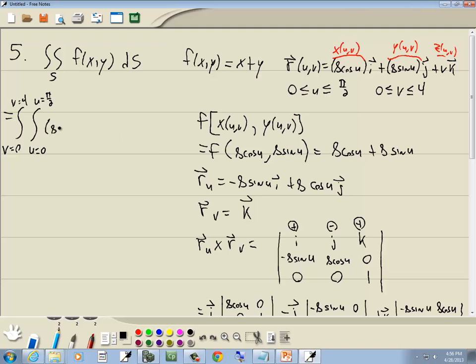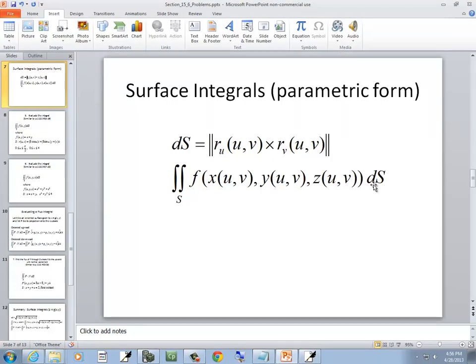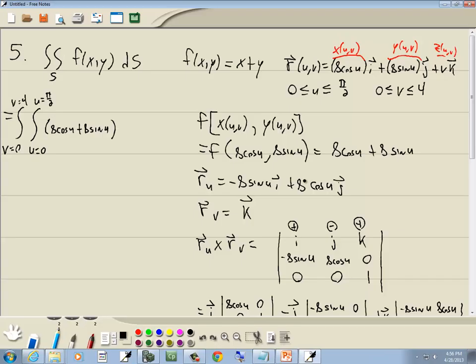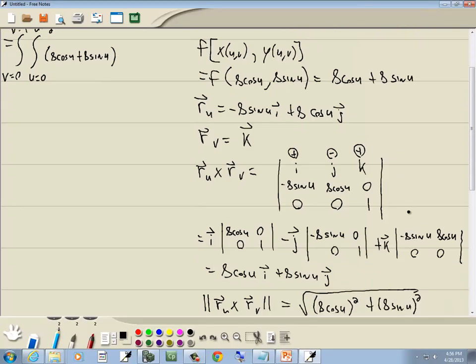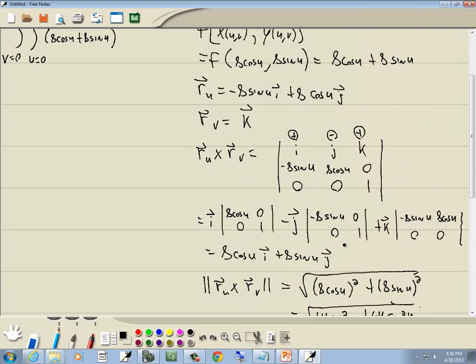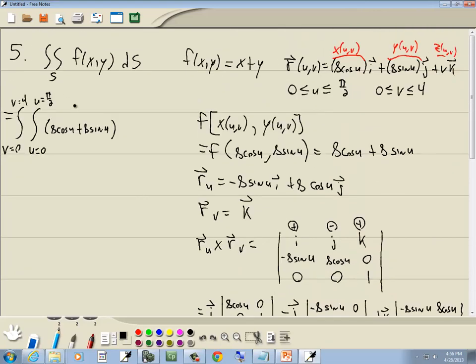So I got 8 cosine u plus 8 sine u times ds, and ds we just found was a number. What was it? Oh, it was equal to 8. So times 8. And then du dv.